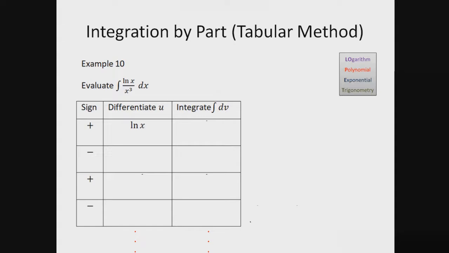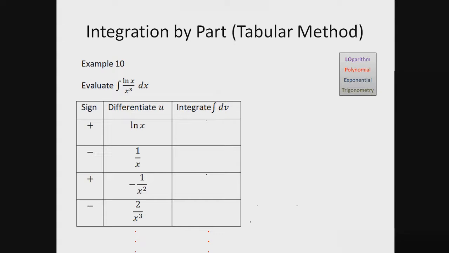Before that, let's make sure that at the sign column, which is the left hand side column, we put positive and negative repetitively to stand by. Okay, and then differentiate ln x, we get 1 over x. Differentiate again, we get negative 1 over x squared. Differentiate again, we get 2 over x cubed. This process is repetitive until we need to stop somewhere.